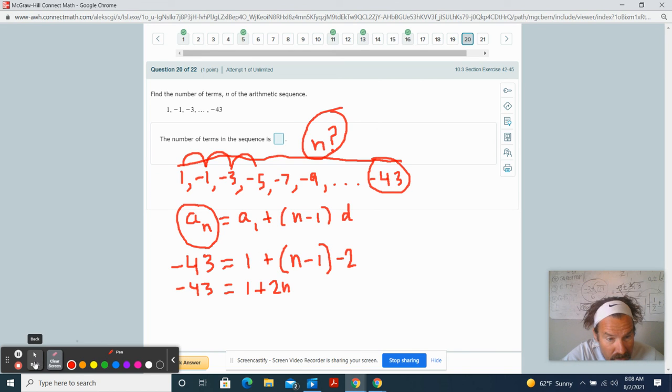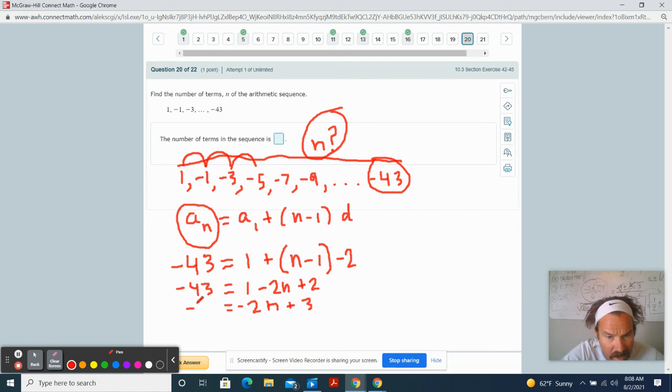Let me erase this part right here. This is going to be a negative 2n, and this is going to be a positive 2. So this is 1 plus 2, so this is going to be negative 2n plus 3.